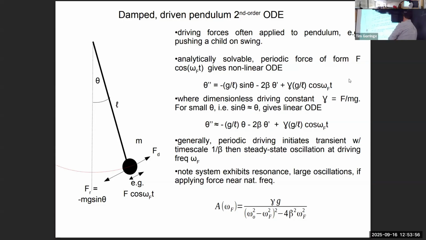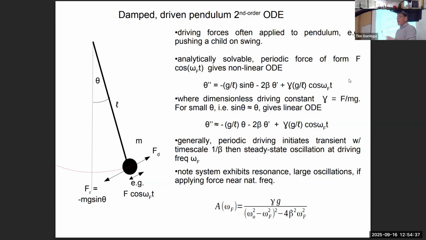The solutions to that equation generally involve an interesting feature where you look at the solution with some initial conditions. You kind of see a transient period where things are changing in a relatively complicated way. And then after the transient period, what you'd often see is that the object just oscillates simply sinusoidally with the driving frequency.